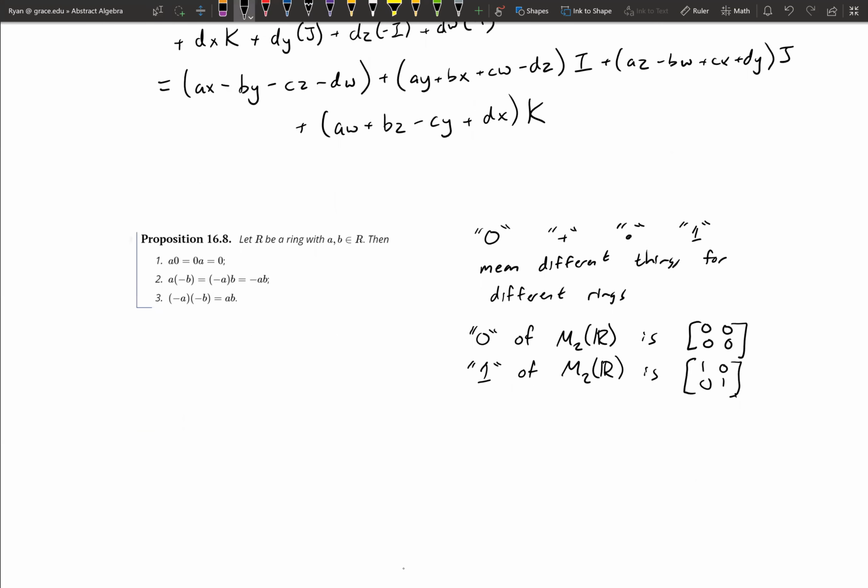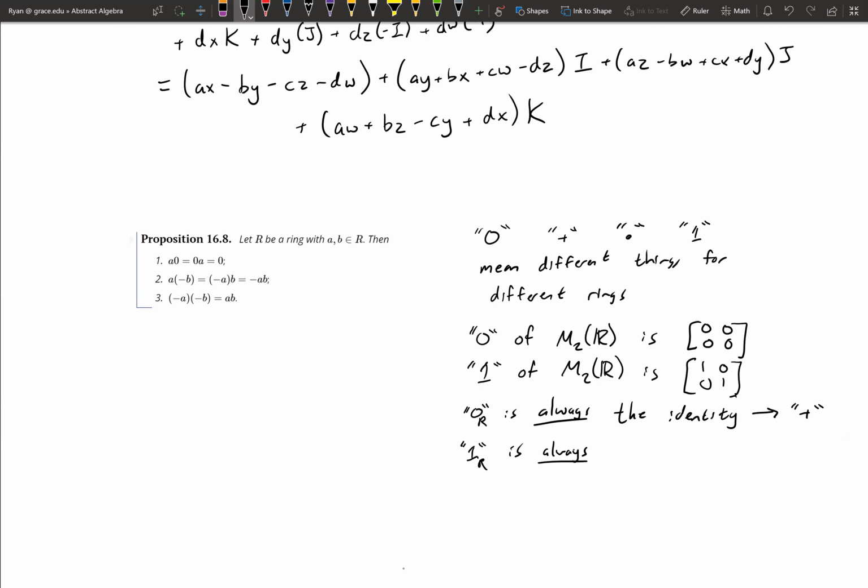So the thing that's always true, 0 is always the identity with respect to addition. 1 is always, and sometimes you might have a little R there, just to show this is the 0 with regard to my ring, but it might not be like a number 0.